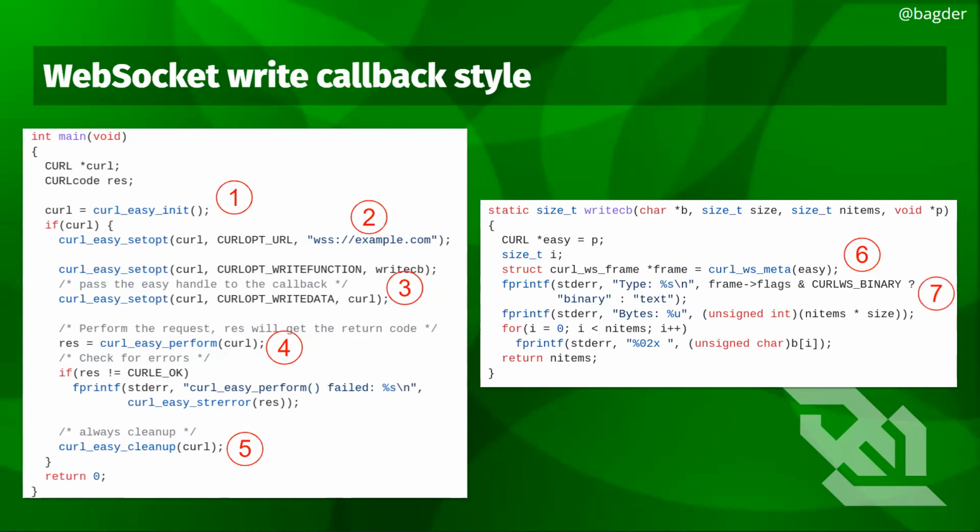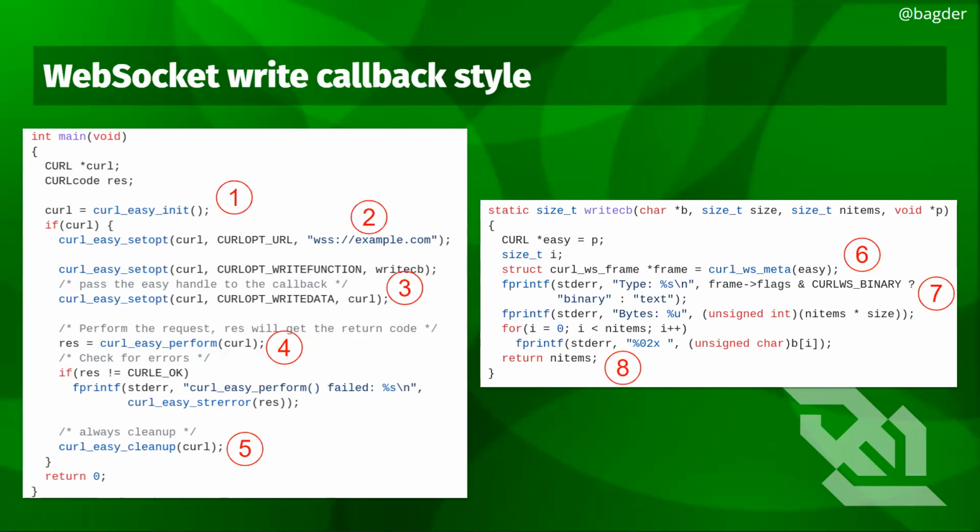Right, so in number 7 here, you can see that it checks the flags to see if it's a binary payload or a text payload. And then in number 8 there, you can see that it returns the correct value, which is the regular way you return values from a libcurl callback to tell libcurl everything is fine: I handled all the bytes.